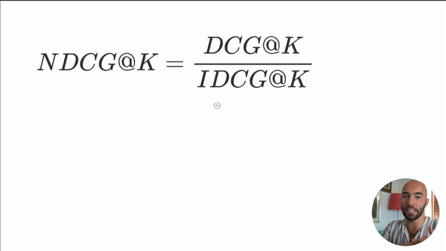And in that case, the values that you're going to get out of this are going to be completely different than if you use a range of 0 to 4, which makes interpreting these numbers very difficult. So that's where the normalized DCG comes in. The normalized DCG or NDCG uses another DCG metric called the ideal DCG to normalize these values to within a range of 0 to 1, where 1 is basically perfect and 0 is terrible.